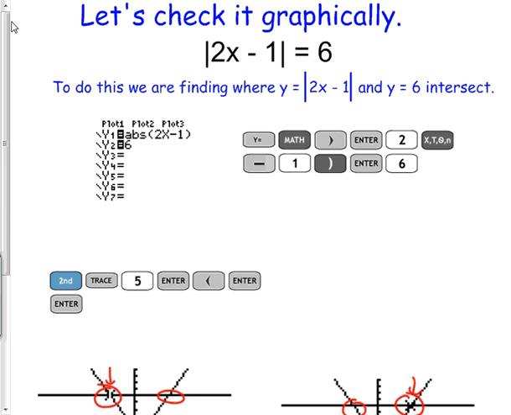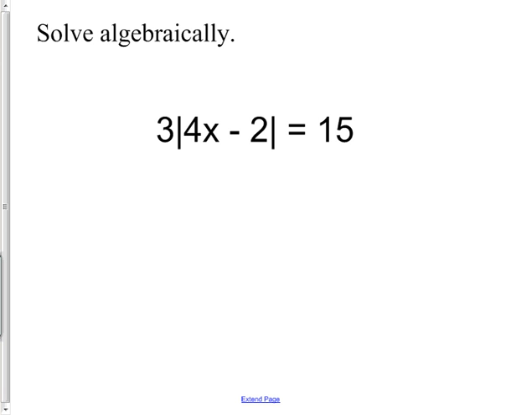So back to the kinds of problems, if we had this one, for instance, solve algebraically, that means I can't just go graph y equals this and y equals that. It would have worked, but I'm not allowed to. So to solve it algebraically, I divide by 3 on both sides, and then this would cancel.